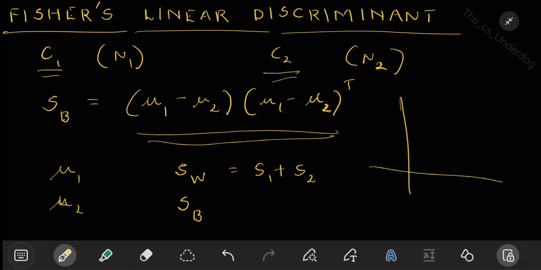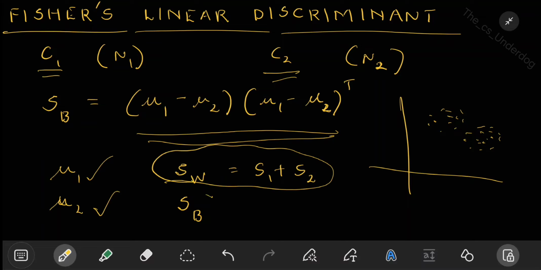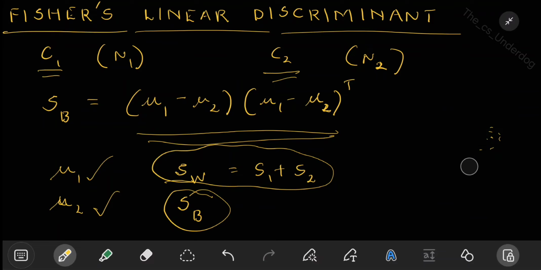We said there are a set of blue points and a set of red points, and considering all these, we calculated mu1 of first class, mu2 of second class, the total within class scatter matrix, and the between class scatter matrix. This is for the data that is provided. So till now, we have all the prerequisites. Now we can go forward.